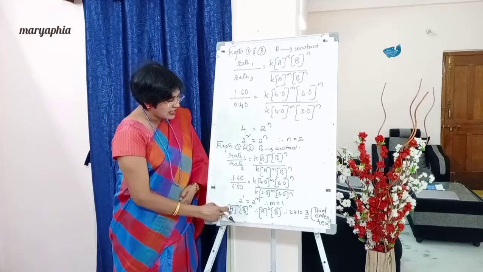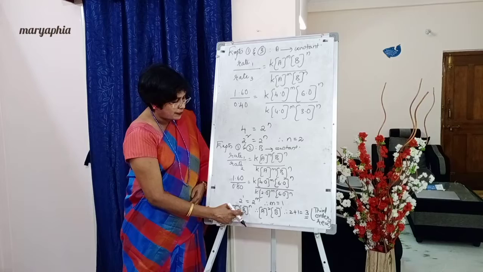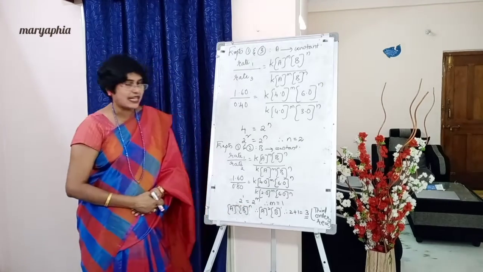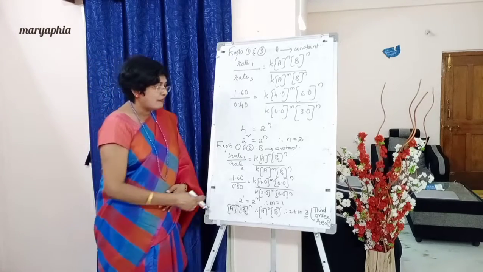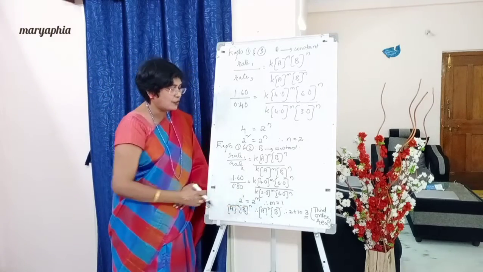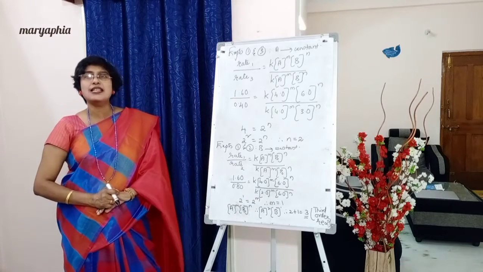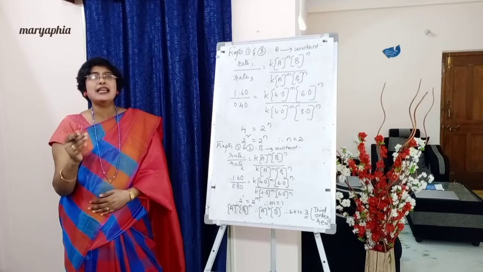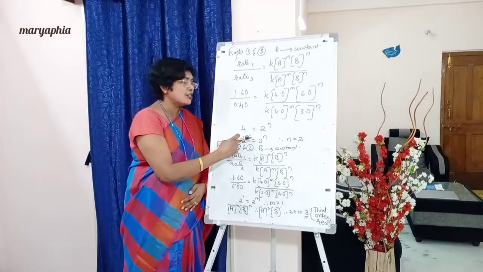So concentration of A to the power m, concentration of B to the power n. When the concentration of B is constant, the value of m is found to be 1. So m is the power of which reactant, students? A. So with respect to A, m is 1. With respect to B, n is how much? 2.